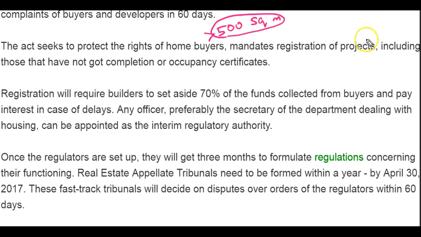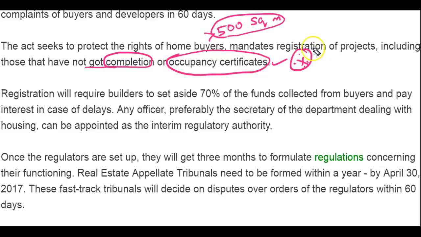And also builders have to register the project if it has not got a completion certificate or an occupancy certificate. It's an important point. If the builder has got the completion and occupancy certificate, then there is no need for registration of these projects with the real estate regulatory authority.